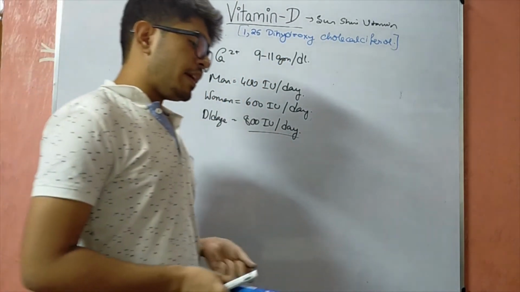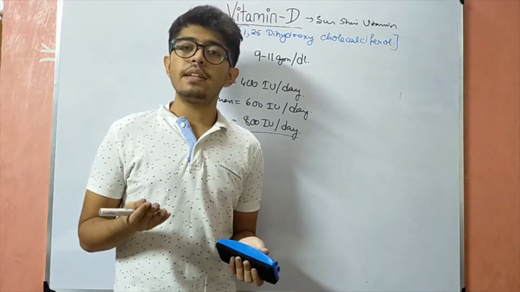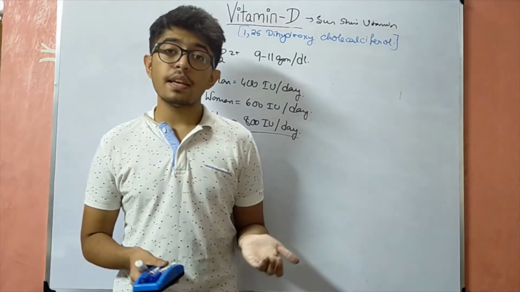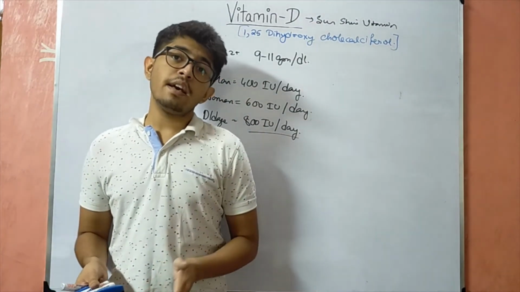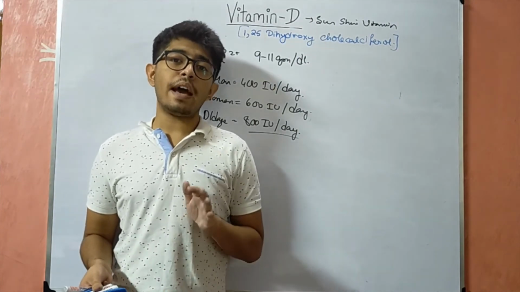And one last thing is that in general, people living in the northern hemisphere, meaning India and other countries, have a general tendency of vitamin D deficiency in the months of November and December.